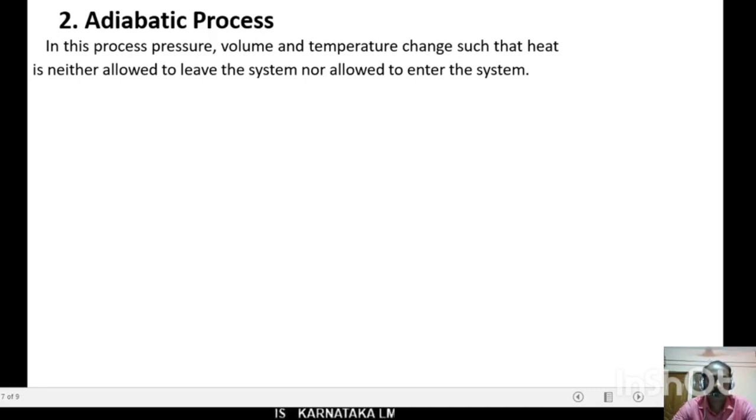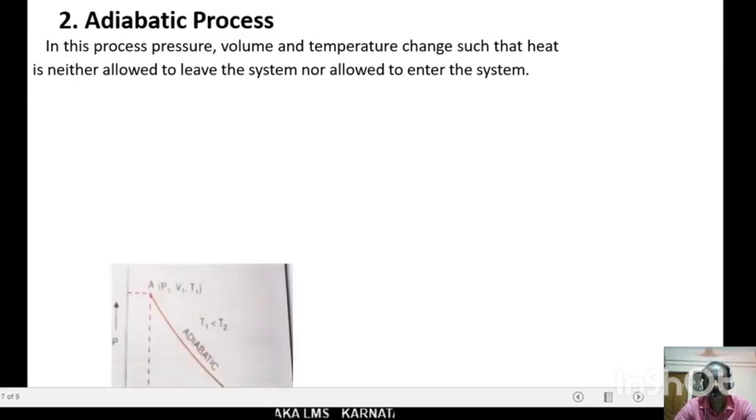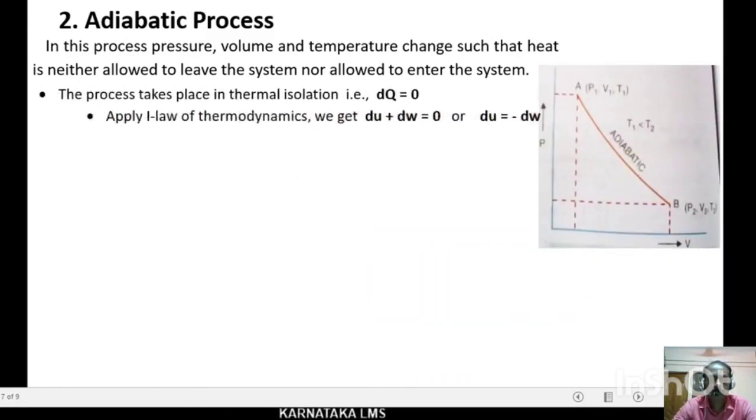If you apply first law of thermodynamics, we get dU plus dW equals 0, or dU equals minus dW.